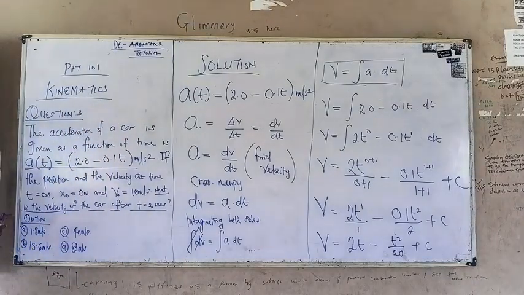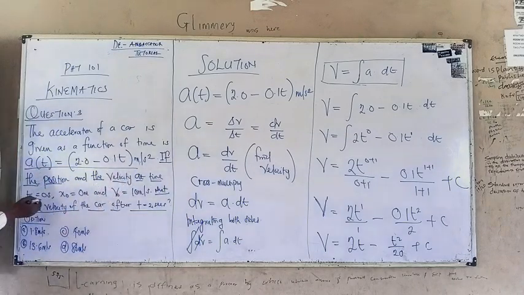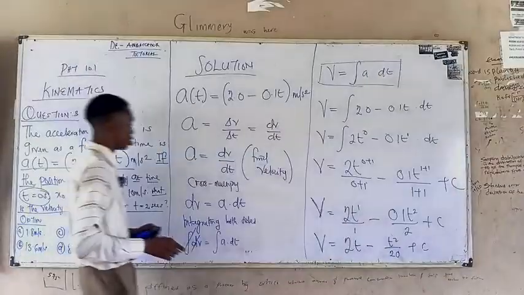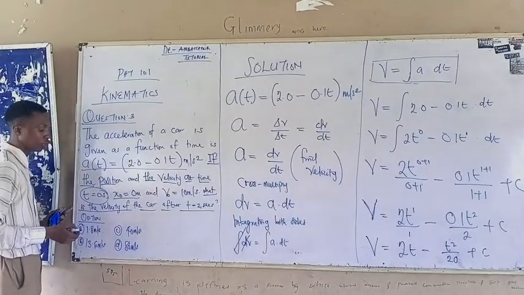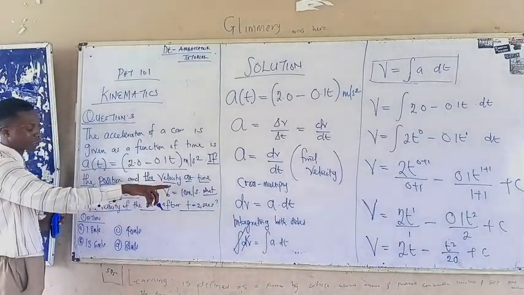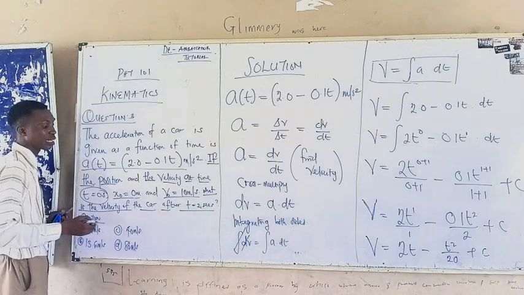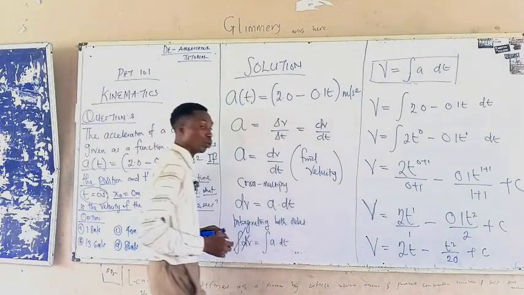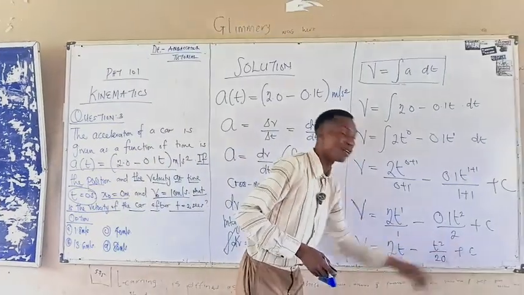The question told us that at time t equal to 0, our initial position is 0 meter and our initial velocity is 10 meter per second. It means any place I have my velocity, I'm going to put 10 meter per second, and it will help me get the value of my c.